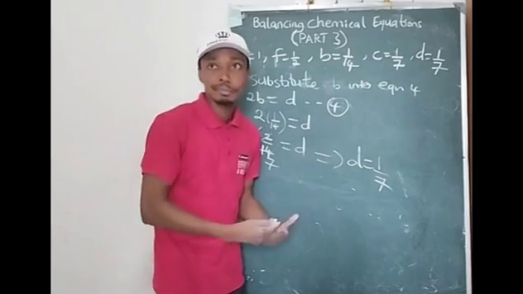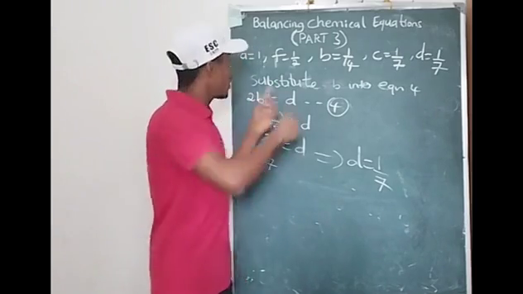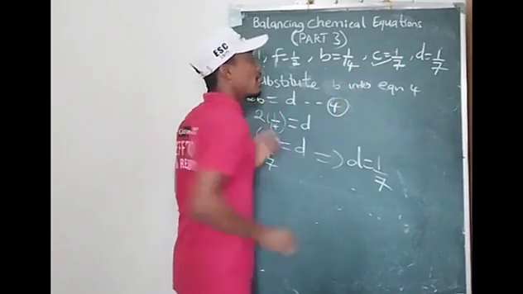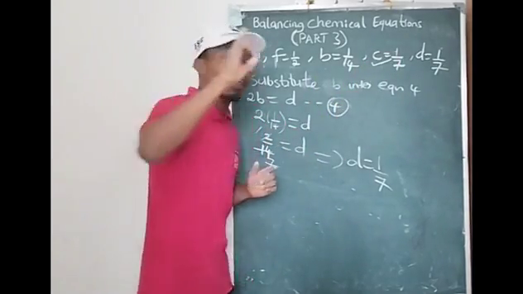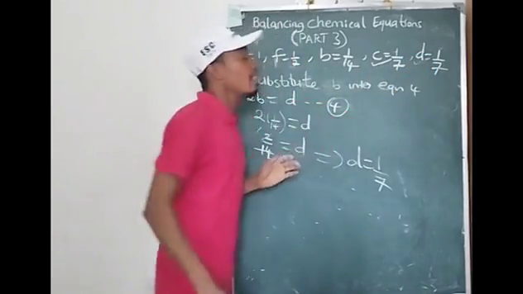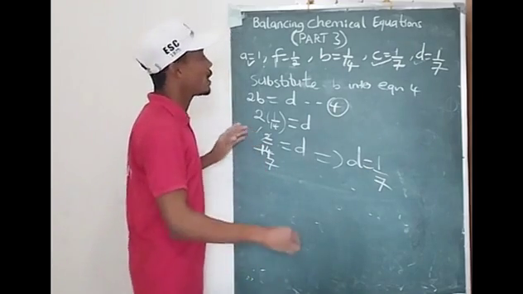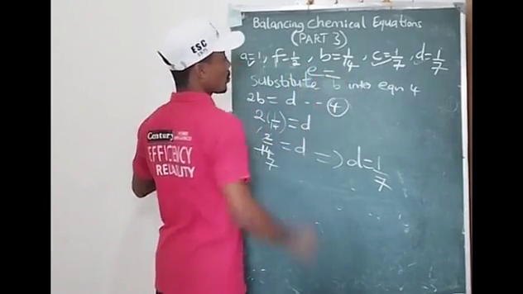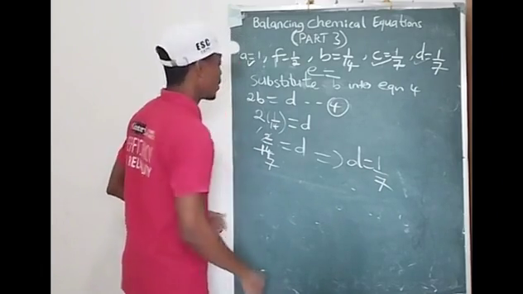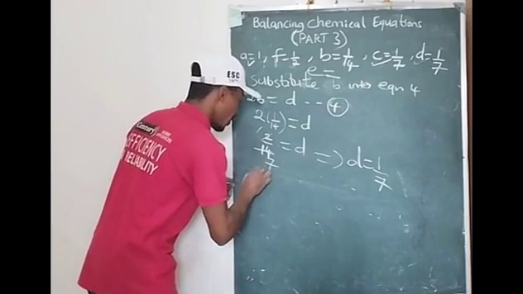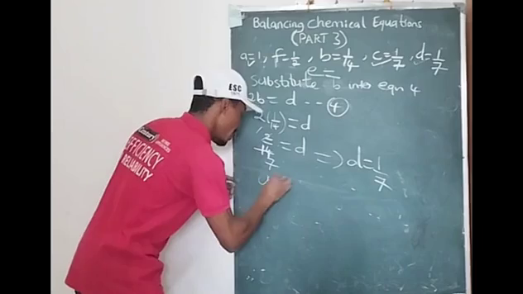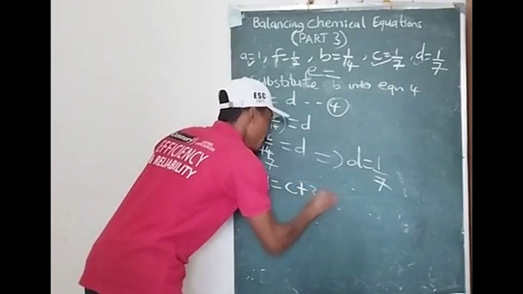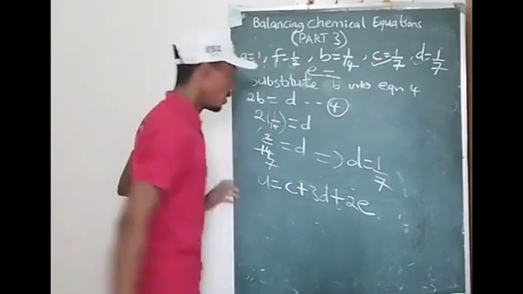So substituting C and D into equation 2 will help us to find E. Equation 2, A equals C plus 3D plus 2E.